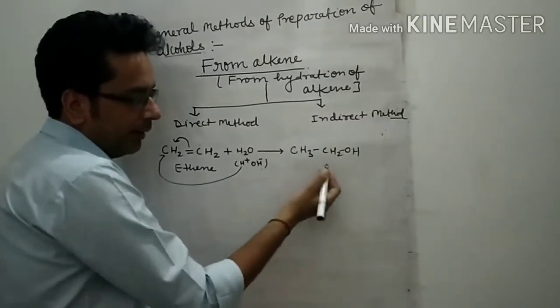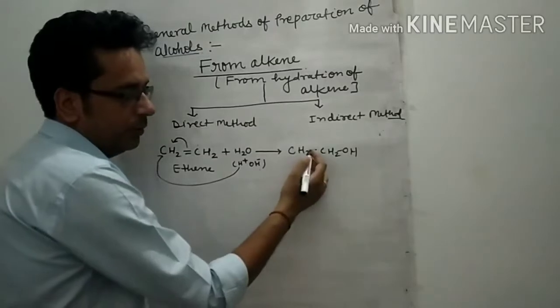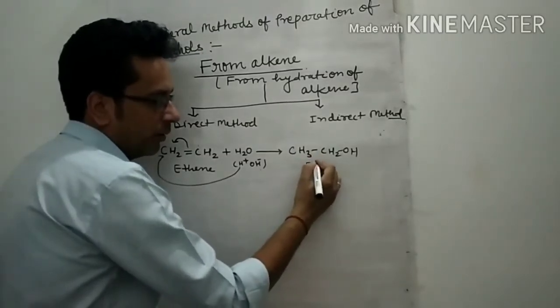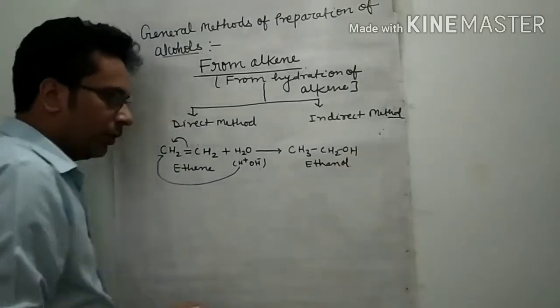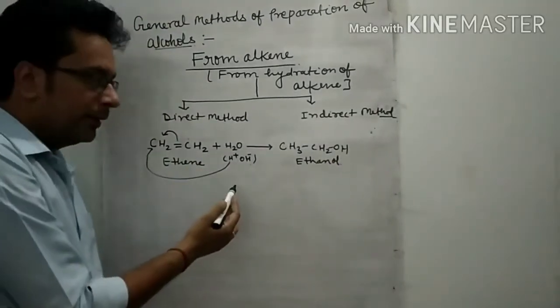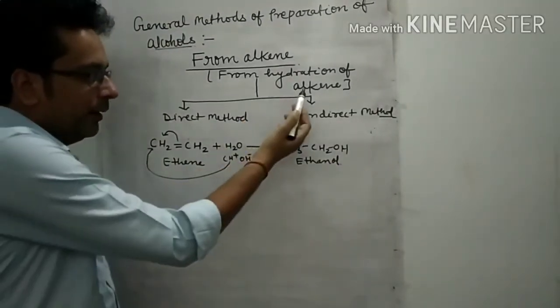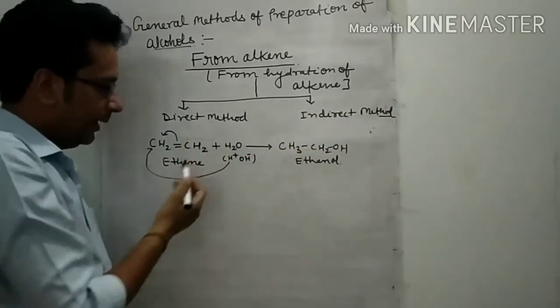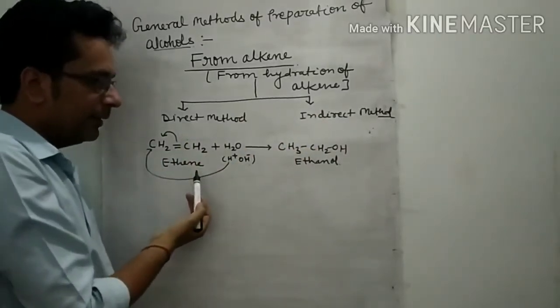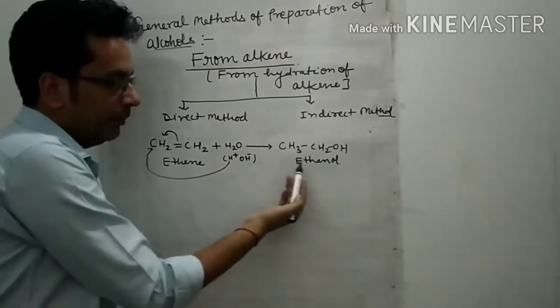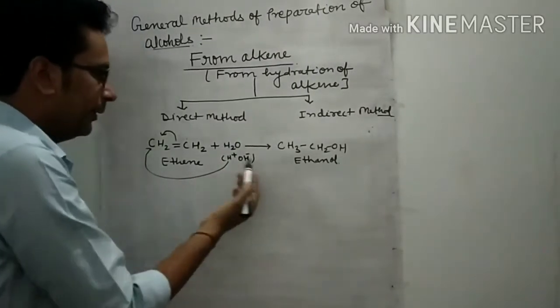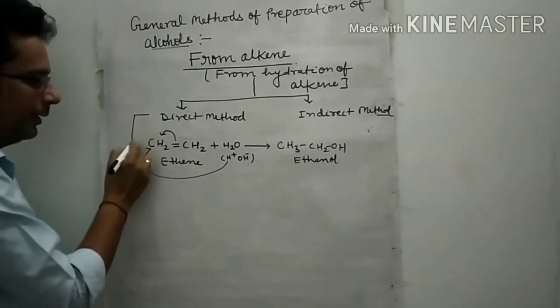The total number of carbons is 2, so the name is ethanol. In this case, that is hydration of alkene by the direct method, ethene reacts directly with water and there is formation of ethanol. This is the example of the direct method.